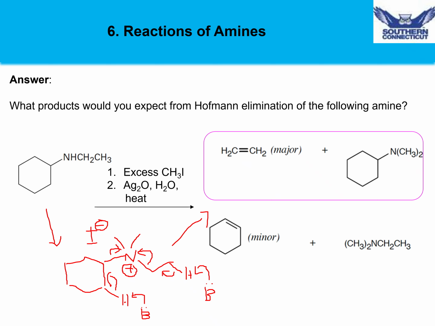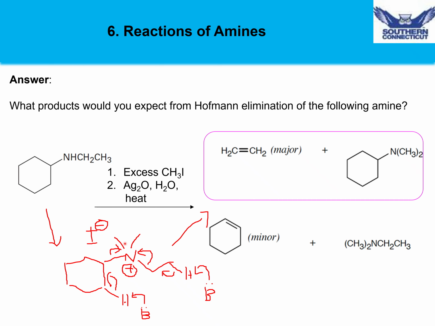When we do that, the nitrogen will be eliminated with two methyl groups and an ethyl group. So for that reason, we get the following two compounds: dimethyl ethylamine as the amine product that's eliminated, as well as the following cyclohexene. The cyclohexene results when we remove this hydrogen and form a double bond there.